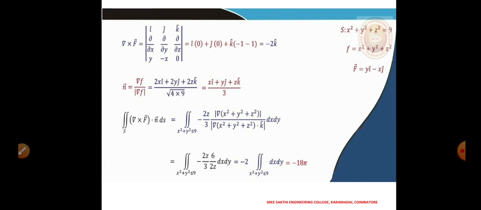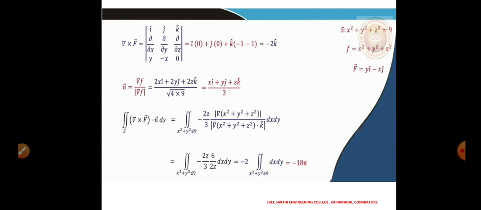Now here we have this F, so del F will be 2x i vector plus 2y j vector plus 2z k vector. So that is the del F, and to divide with the modulus, we get root of 4x squared plus 4y squared plus 4z squared. So 2 will come out, and then we have x squared plus y squared plus z squared.